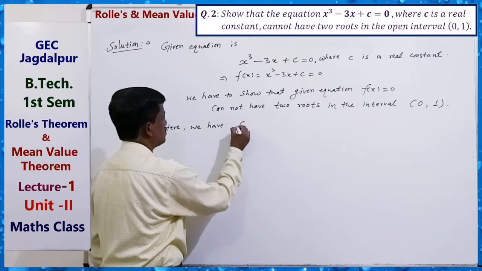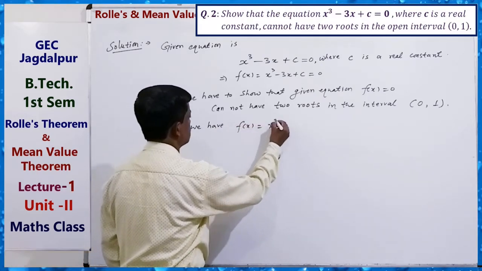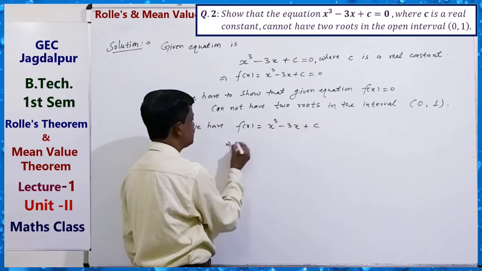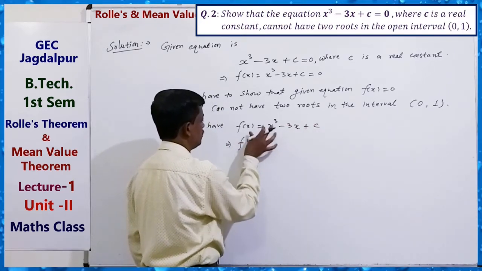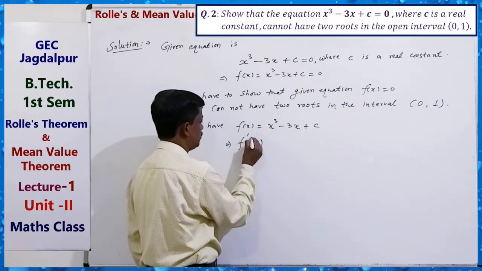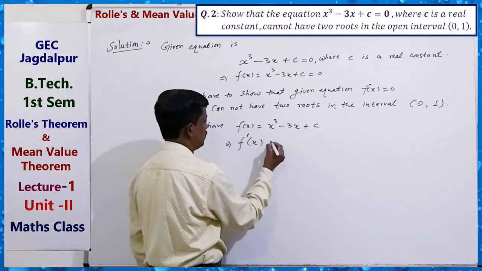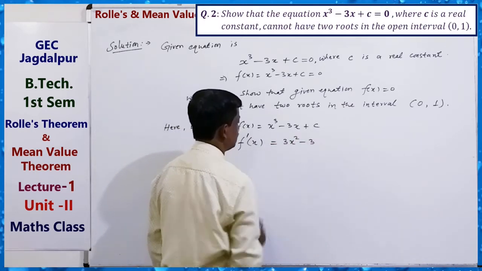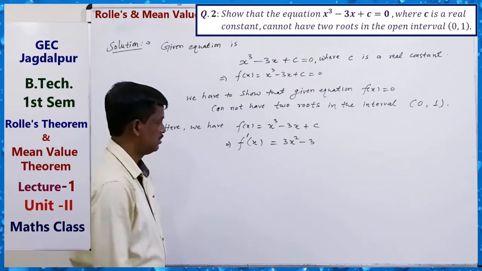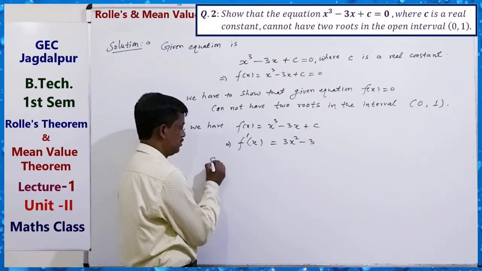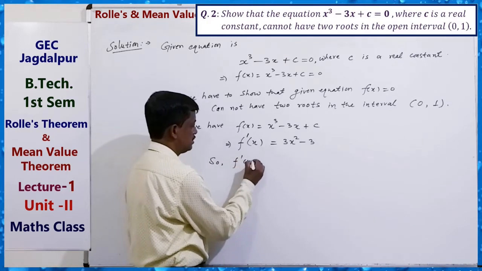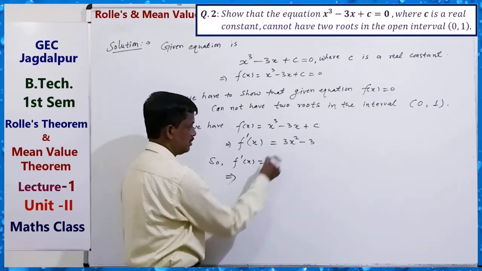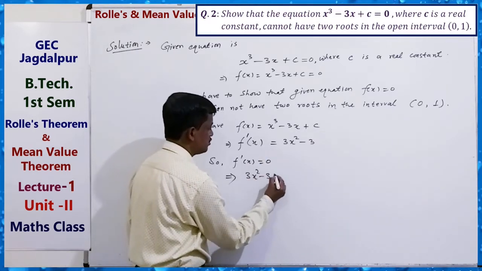So here we have f(x) = x³ − 3x + c. Its derivative, just find the derivative, equals 3x² − 3. So f'(x) = 0 implies 3x² − 3 = 0.